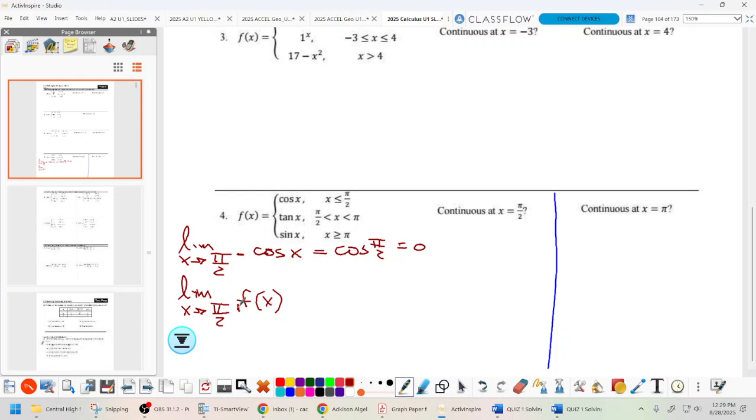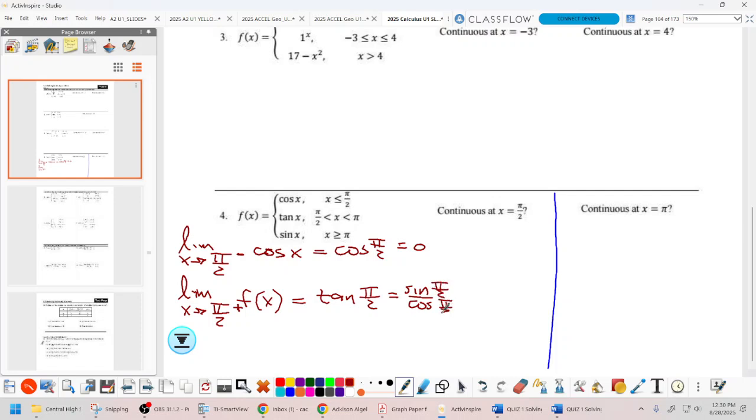Anyway, so from the right side, we're going to do tangent of x. So this is tangent of pi over 2, which is what? In terms of sine and cosine, which one's on top? Sine. So this is sine over cosine of pi over 2.